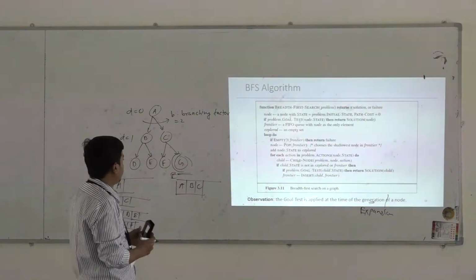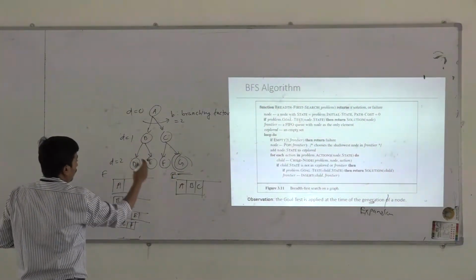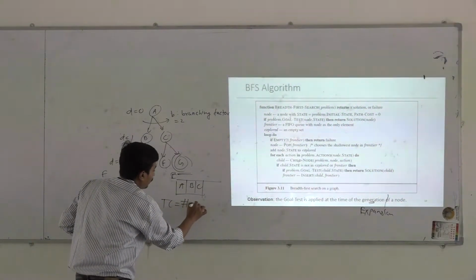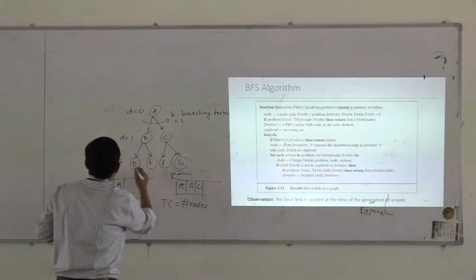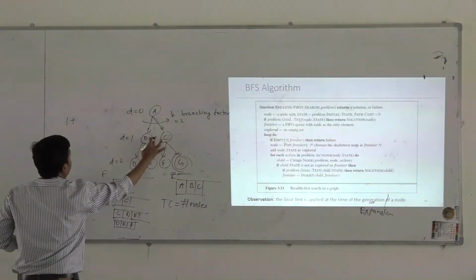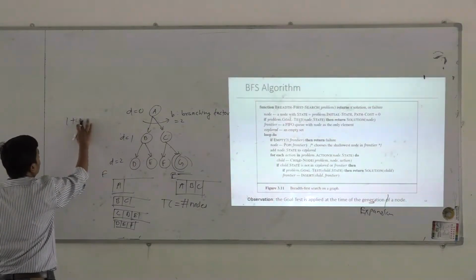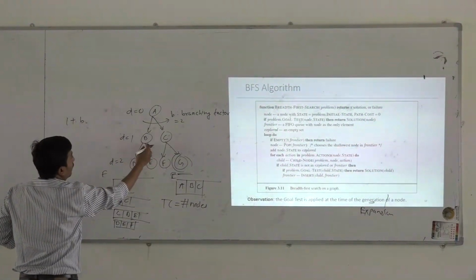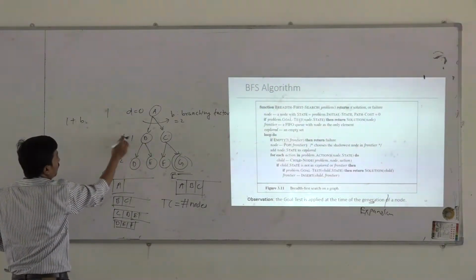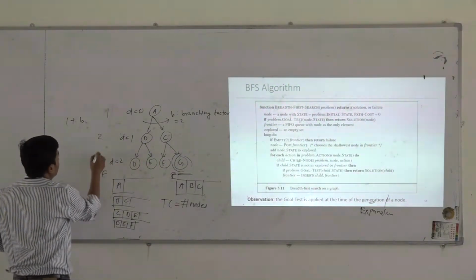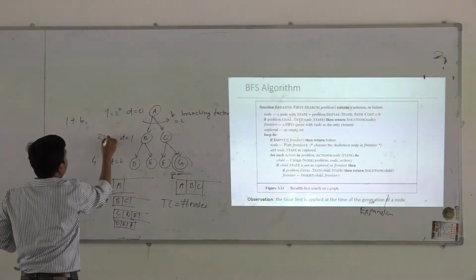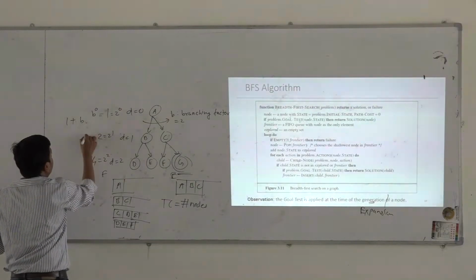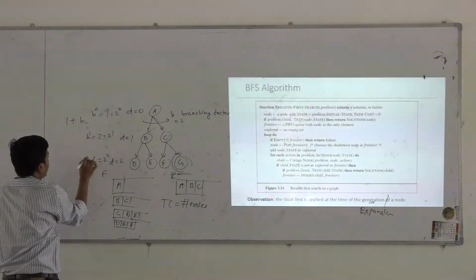So what is the time complexity here? We measure time complexity in terms of how many nodes we have to process. We process one node here, then two, which is B, then four. So it is 2 raised to power 0, 2 raised to power 1, 2 raised to power 2, which is nothing but B raised to power 0, B raised to power 1, B raised to power 2, like this.